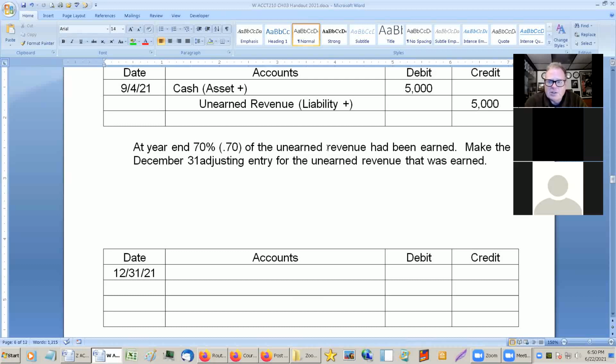So sometimes they'll have percentages for different categories of labor and materials and other things. But anyway, they said 70% of the unearned revenue had been earned. So someone goes up and looks at it and says, yeah, it's about 70% done. So you have to figure it out.